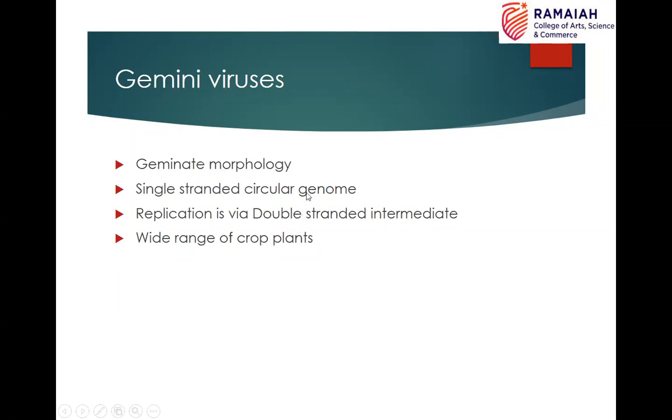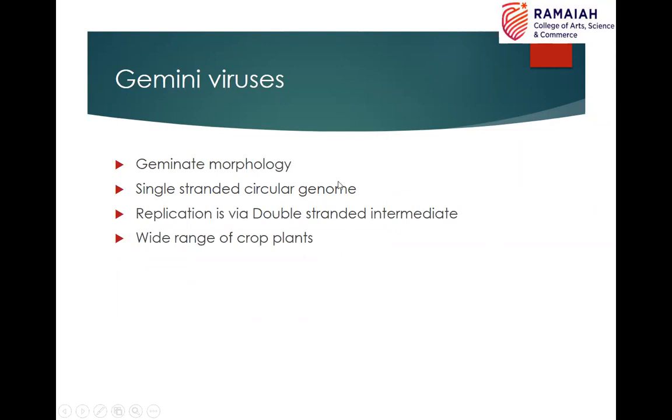If you look at the genetic material, it has single-stranded circular DNA as its genome, but the replication takes place via a double-stranded intermediate. We have seen many such examples. Though the genetic material is single-stranded circular DNA, the replication takes place via double-stranded circular DNA as its intermediate.